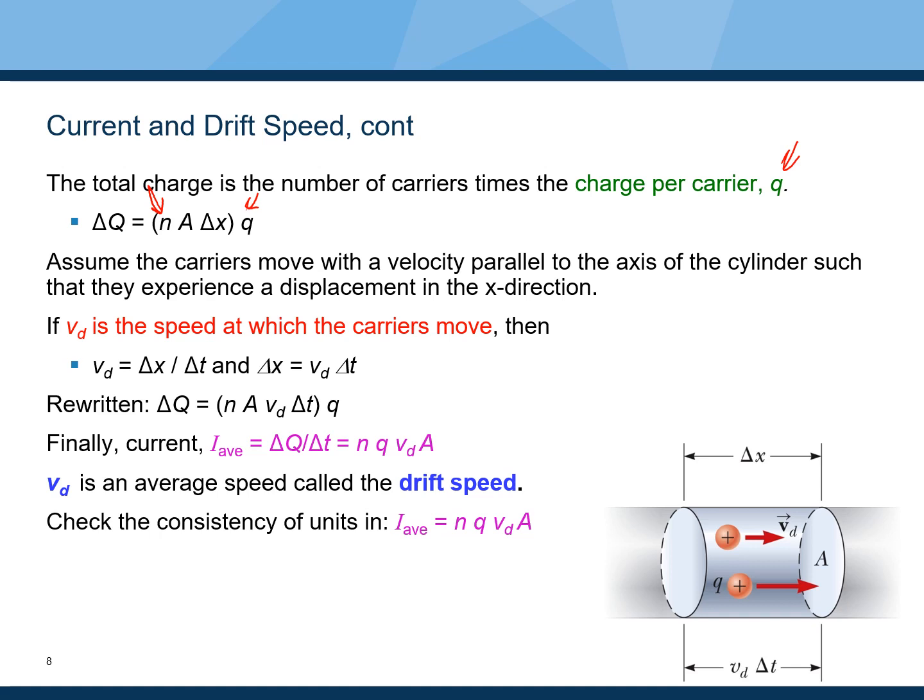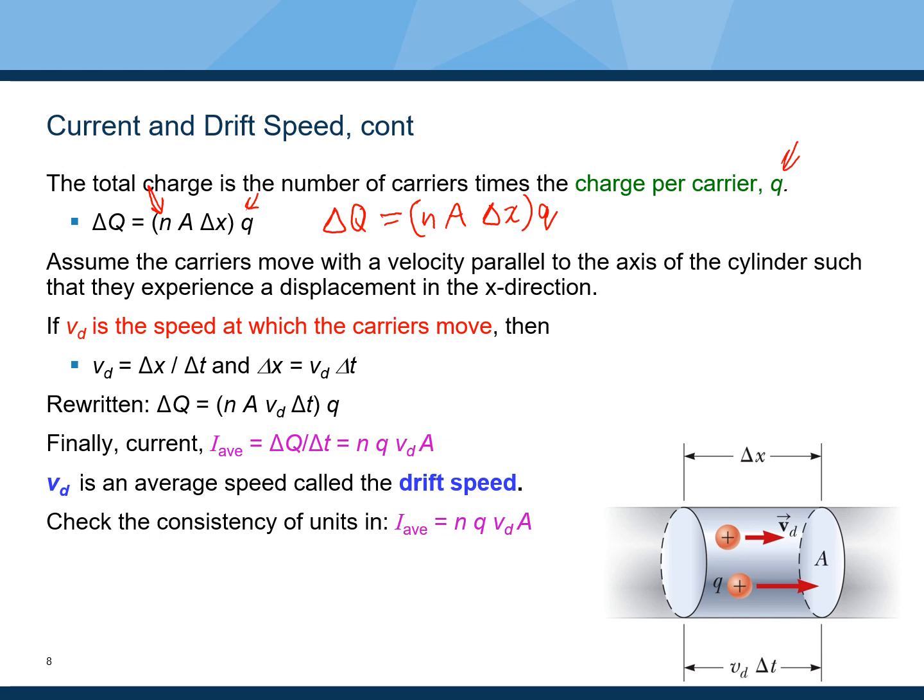We take the total number of charges that we identified, which was N times A times delta x, and multiply it by the amount of charge per charge carrier to find the total amount of charge in that particular volume that we have identified.